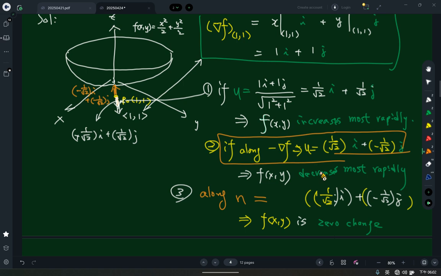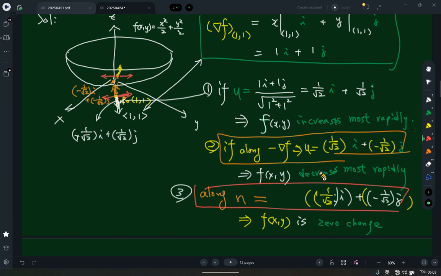Then the third one will be this one, so either this way or this way. And you can make a comparison: one is for this direction, one is for this direction, and the other one is for this direction.